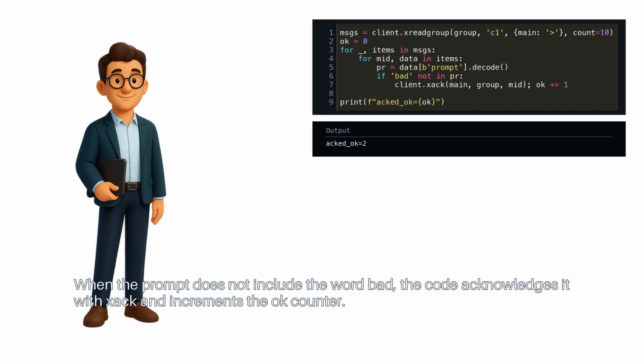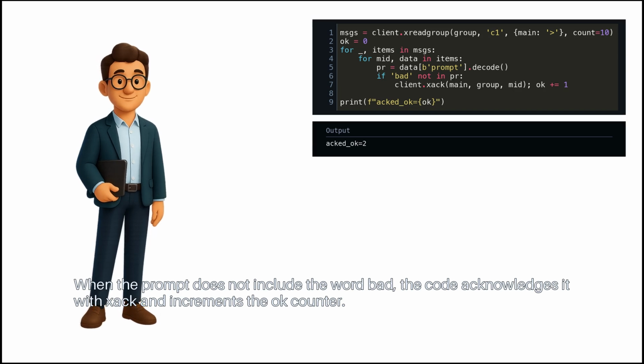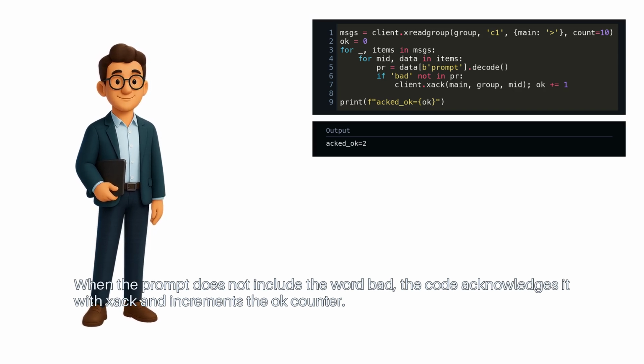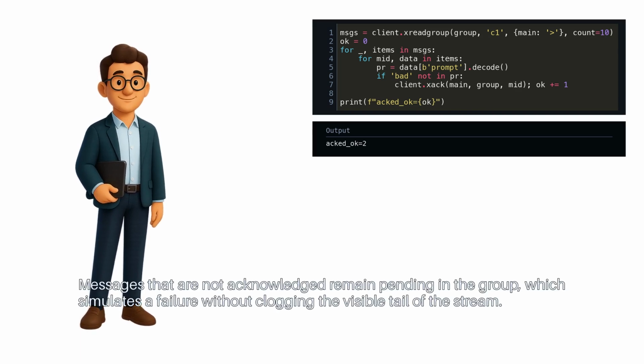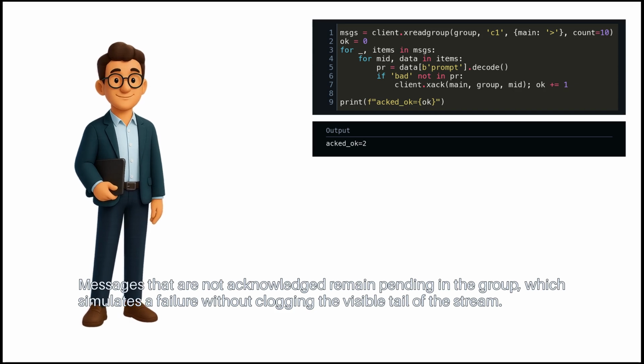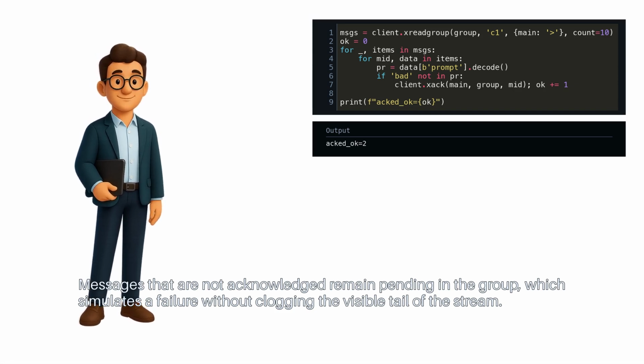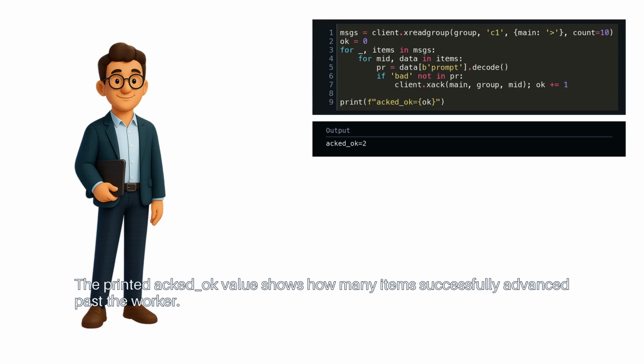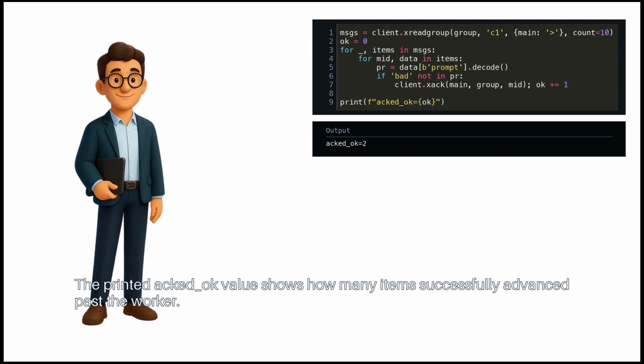When the prompt does not include the word bad, the code acknowledges it with xack and increments the ok counter. Messages that are not acknowledged remain pending in the group, which simulates a failure without clogging the visible tail of the stream. The printed ack ok value shows how many items successfully advanced past the worker.